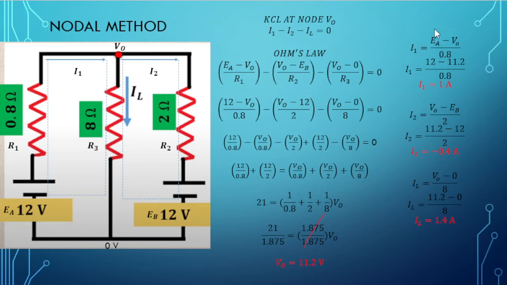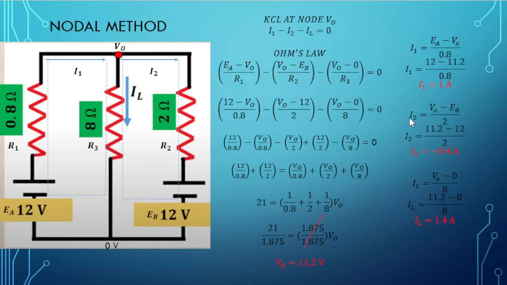So here, EA minus VO divided by the resistance R1, which is 0.8. 12 minus 11.2 divided by 0.8. So I1 is equal to 1 ampere.